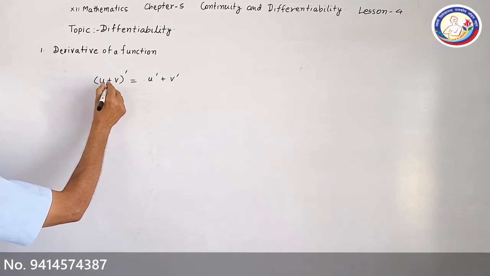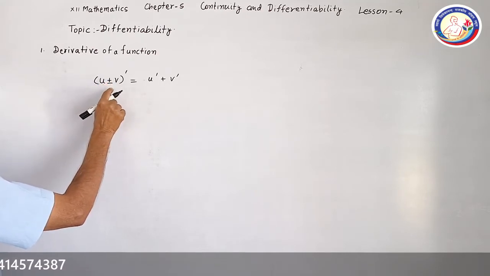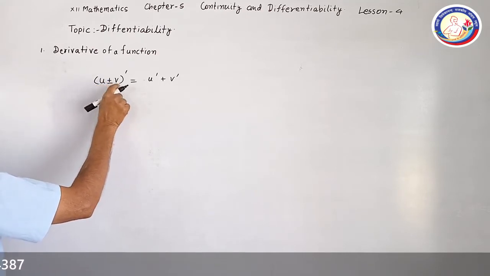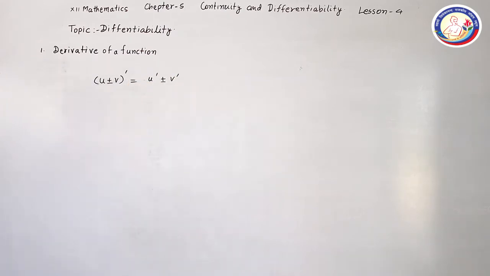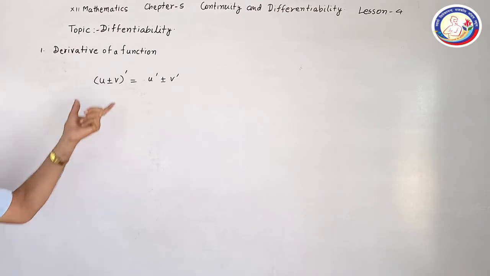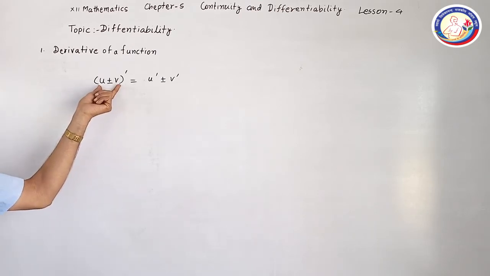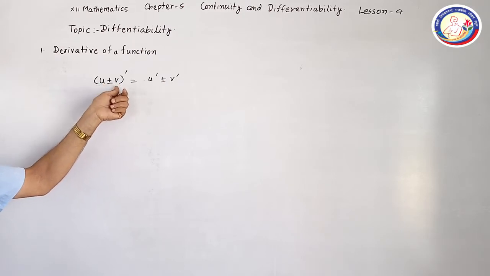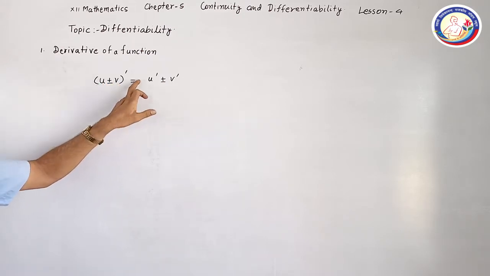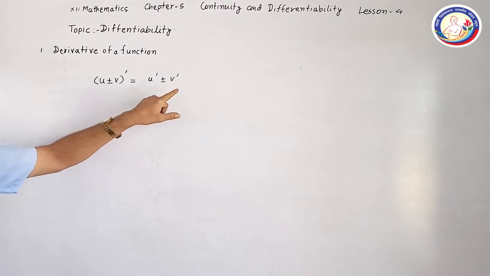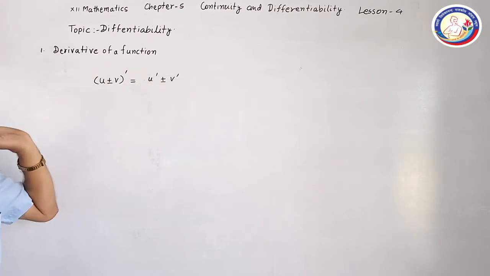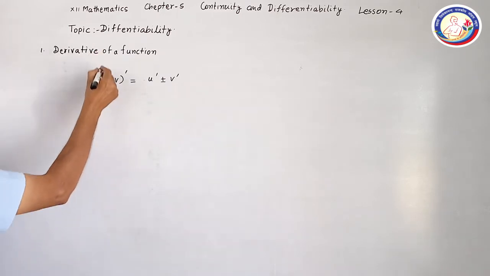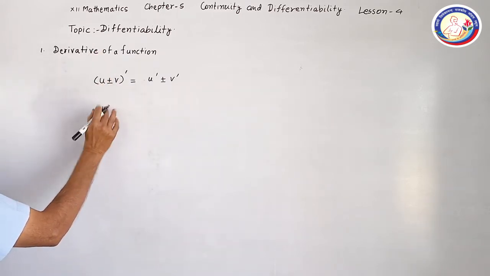Or if the difference u minus v is given, then it will be u dash minus v dash. Simply we can say if we are given the sum or difference of two functions, then the derivative of the sum or difference of the given functions will be equal to the sum or difference of the related derivatives.